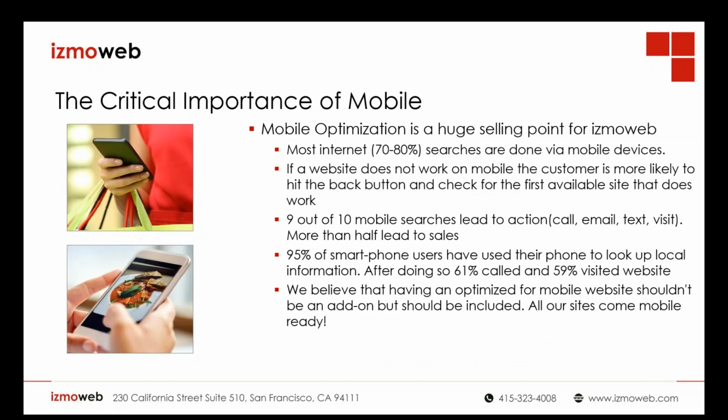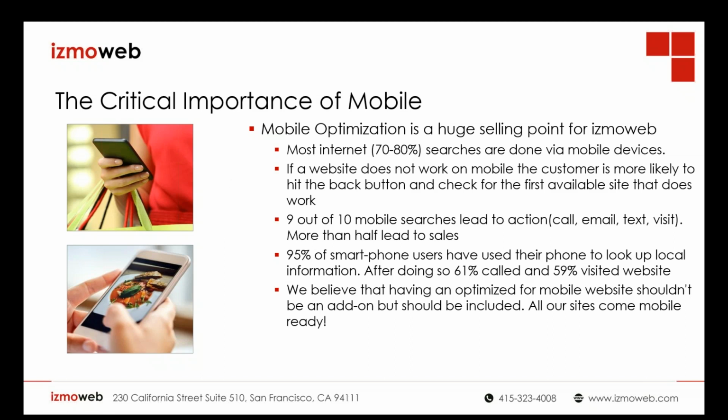We talked a little bit about the critical importance of mobile, but let's touch on it again real quick. I was off a little bit: most internet searches, 70–80% of them, are done on mobile devices. If it doesn't work on mobile devices, it's just not a good option for people in the marketplace today.